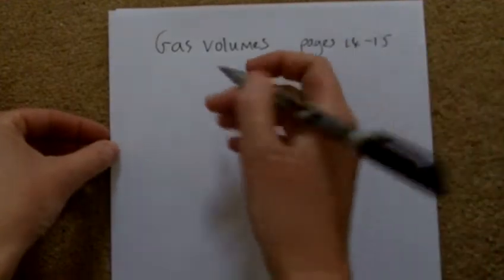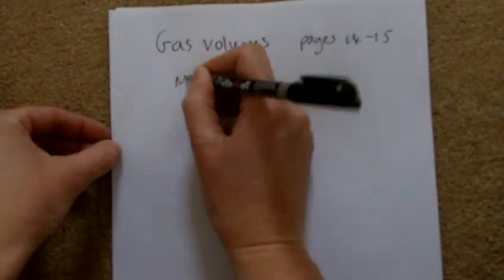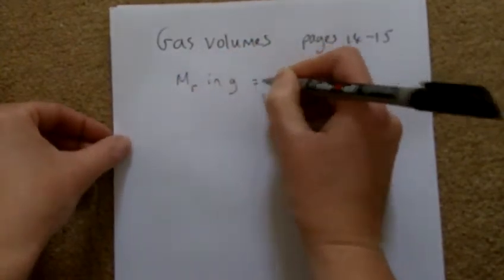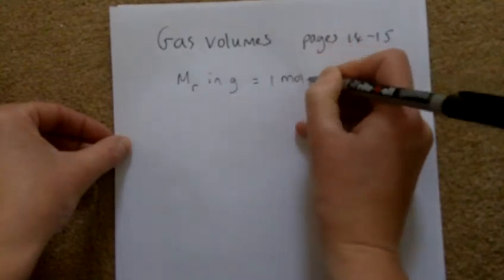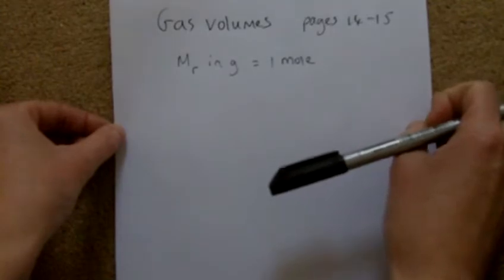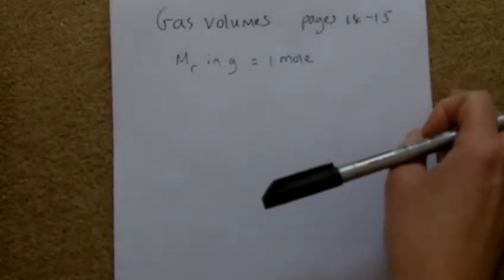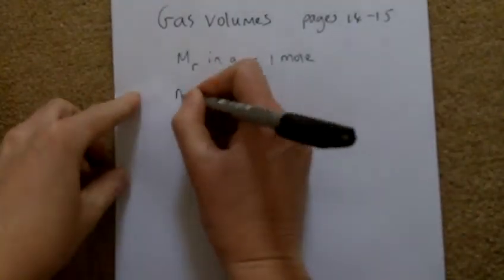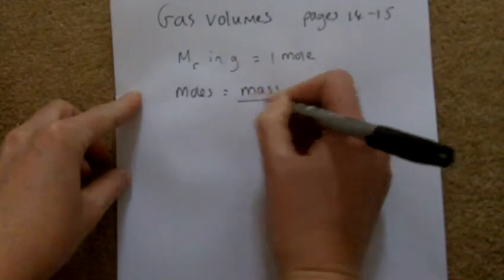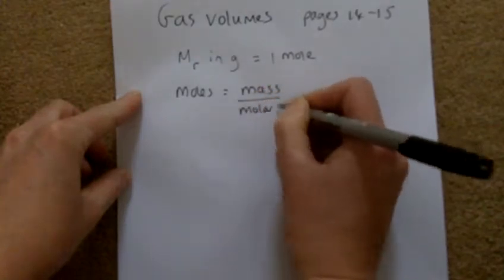So we know that the relative molecular mass in grams equals 1 mole. Okay, we also know that the equation we use when you're doing calculations with moles is moles equals mass over molar mass.